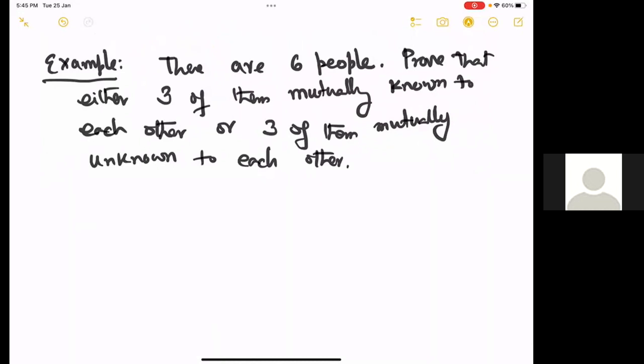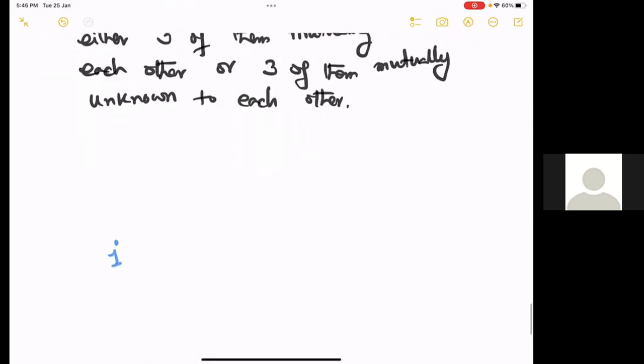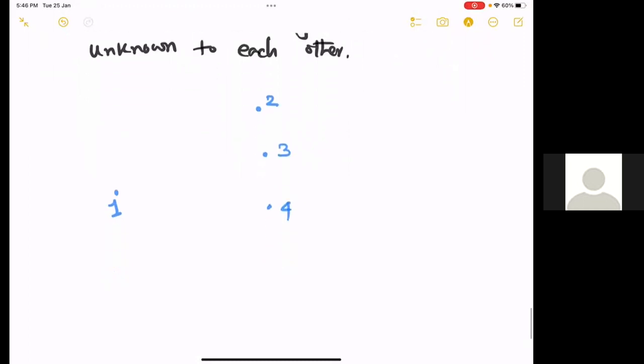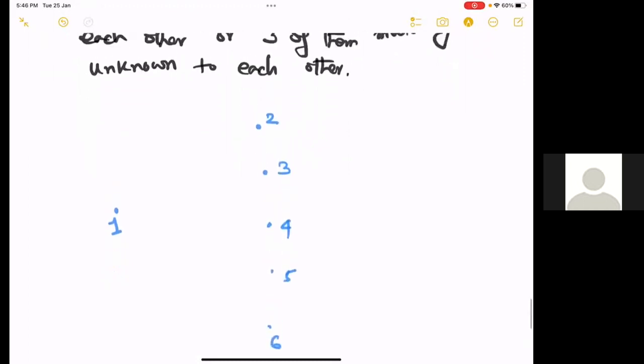Okay, so how do you model this question? Let's take one person, and these are the other persons, 2, 3, 4, 5, 6. I just named them.